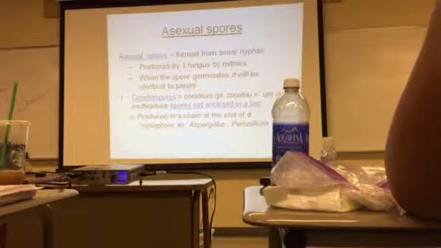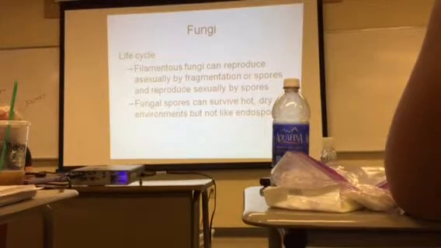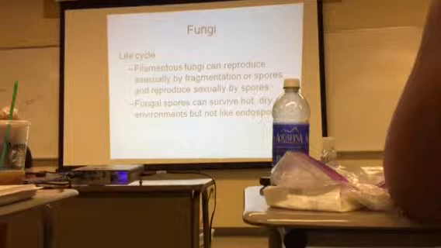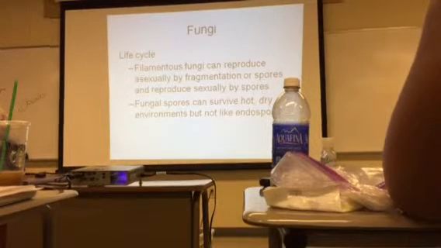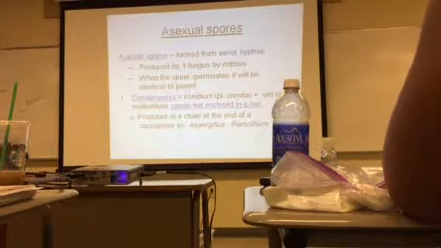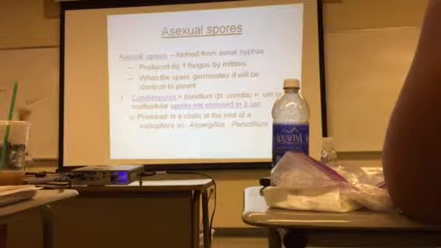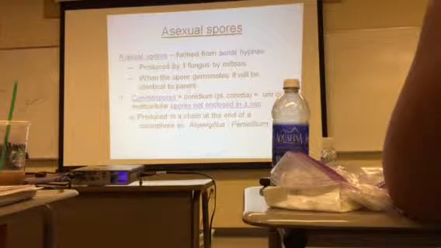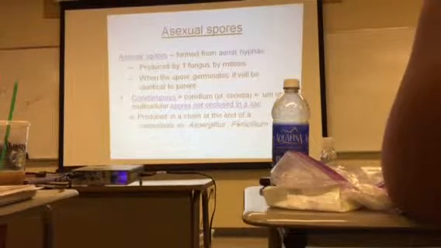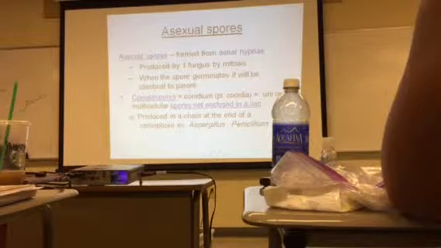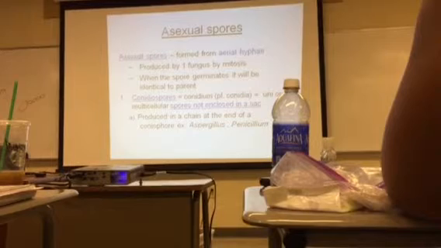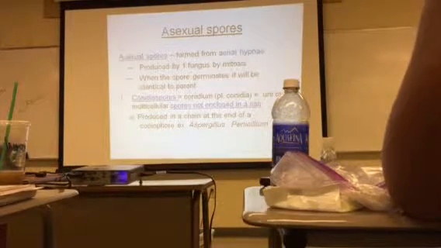So let's talk about the asexual spores. They're formed from that aerial hyphae that we drew there. They're produced by one fungus, just one organism involved. And so when that spore germinates, it will be identical to the parent cell.